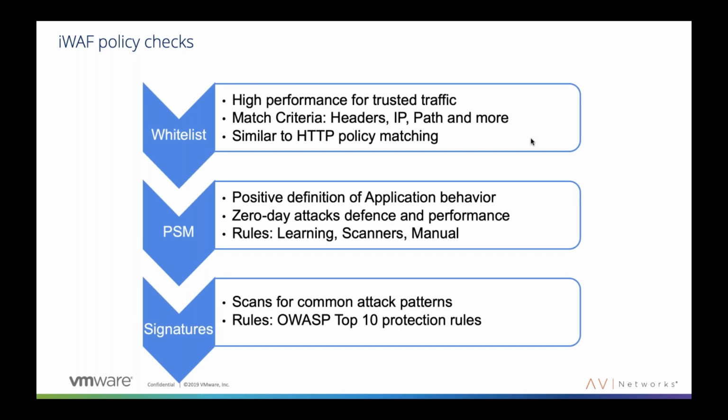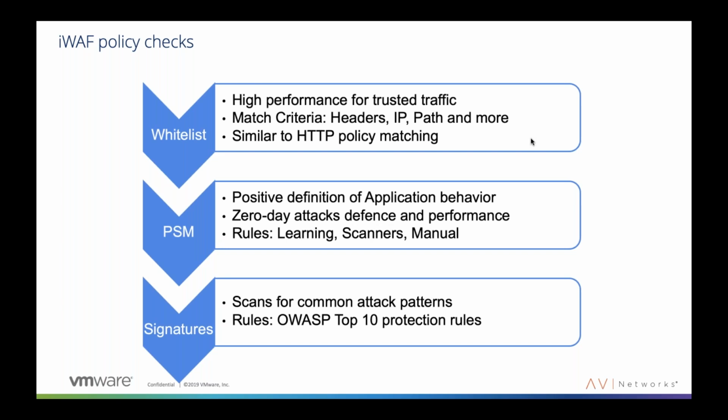So PSM rules can come from the learning mode, the scanner. For example, when you have external security scanners like ZAP or Qualys, then you can import these findings using scripts that we provide into the positive security as well. Or you can, of course, create manual rules here.